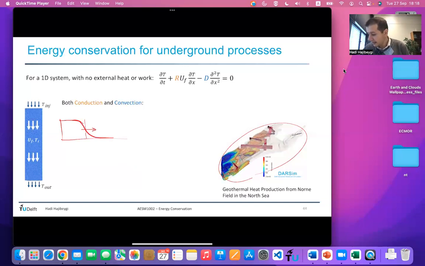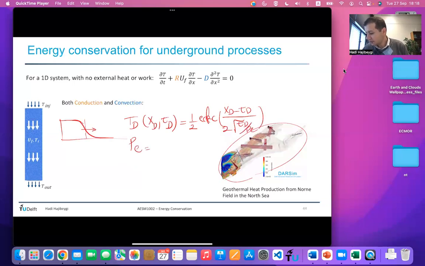And then you have a temperature dimensionless, which is a function of time and space dimensionless, as half of error function complementary xd minus td over 2 root square td over Peclet number. And Peclet number was the ratio between convective heat flux to conductive. If Peclet is high, it means convection is more important.